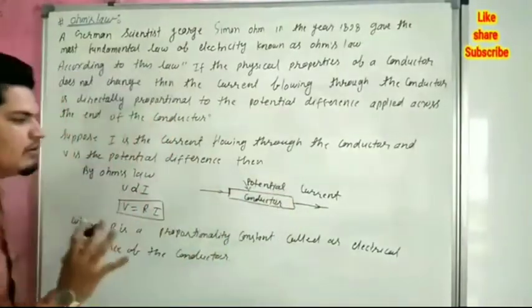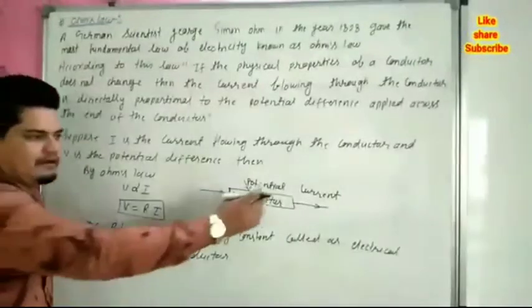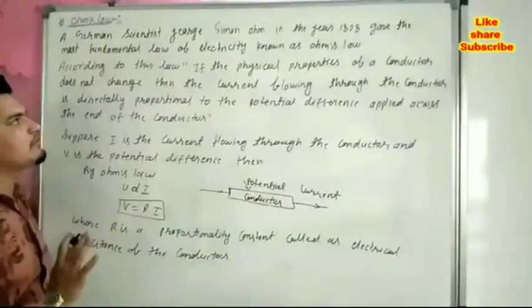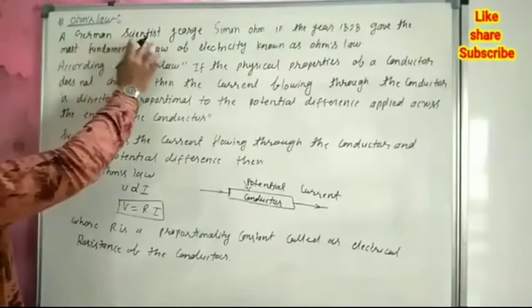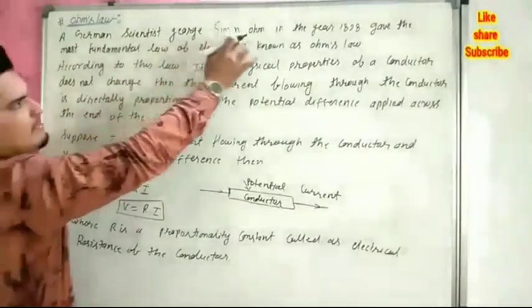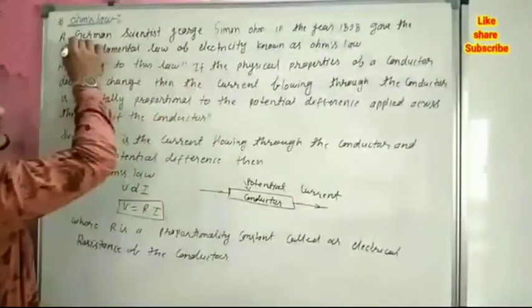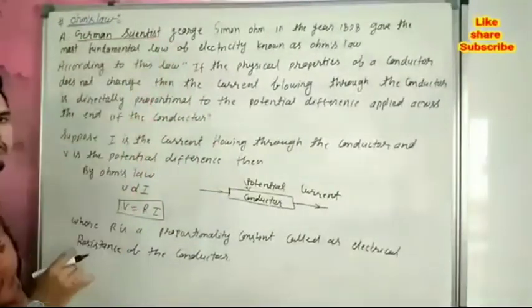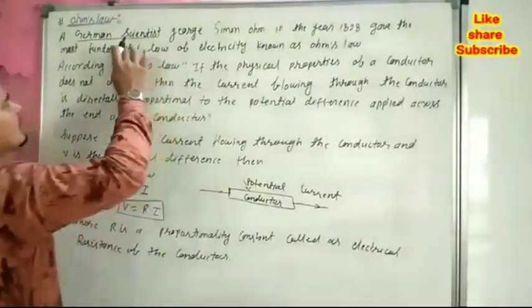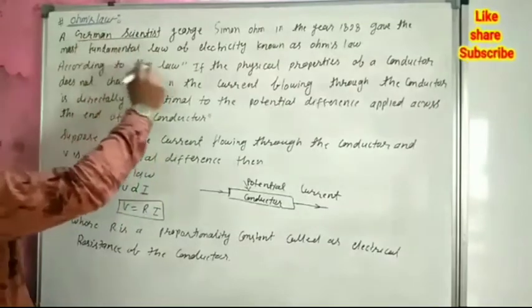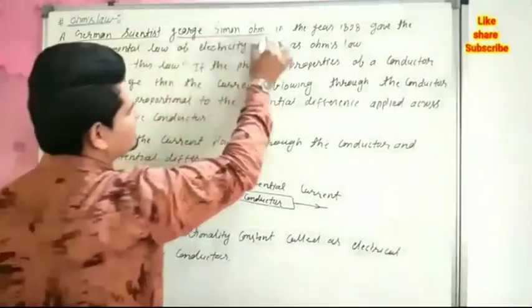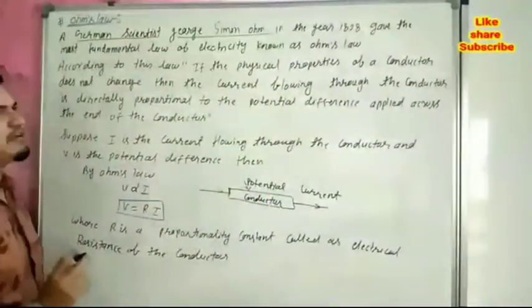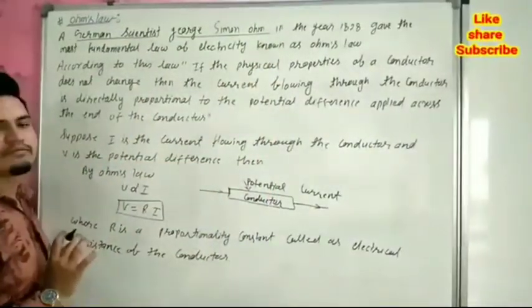This is called Ohm's law: current is directly proportional to potential. So what is Ohm's law? A German scientist, George Simon Ohm, is the full name of Ohm.